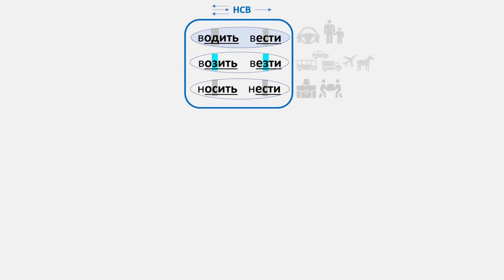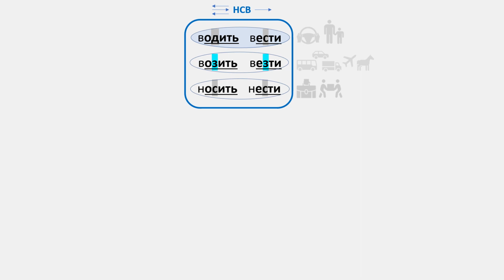Ты водишь ребенка в школу каждый день? Do you drive your car every day? Ты водишь машину каждый день? Every day, каждый день, in these sentences indicate that there are many trips in mind. This is why we needed multidirectional водить.